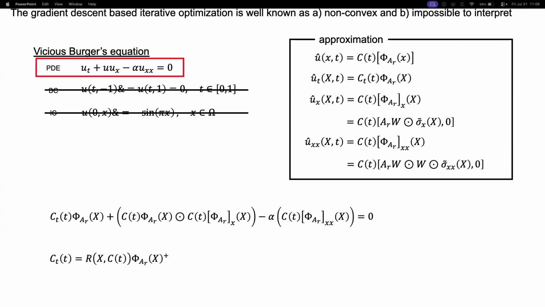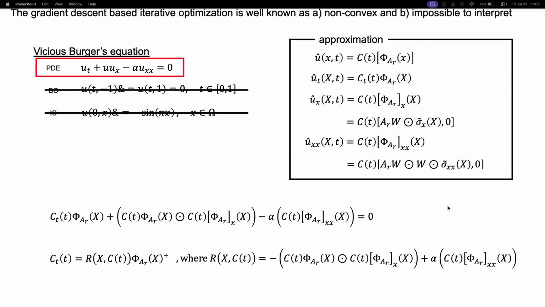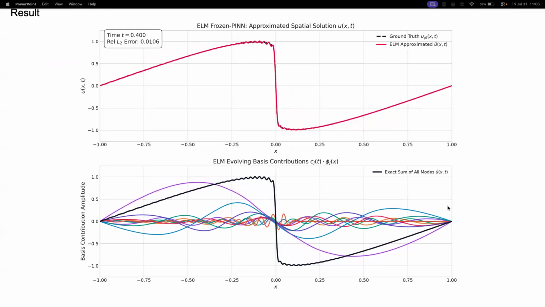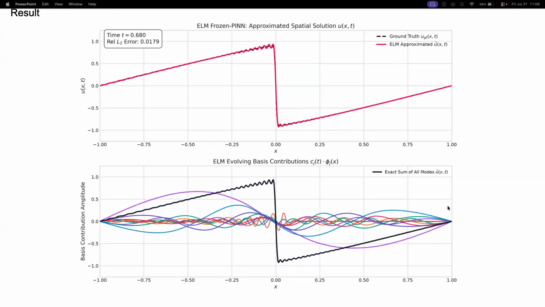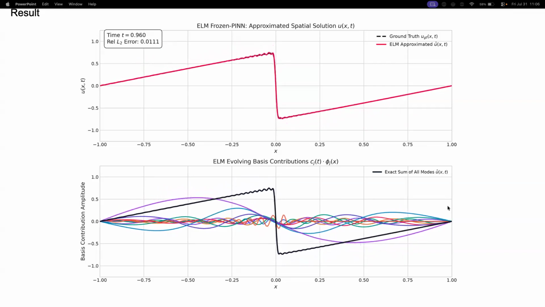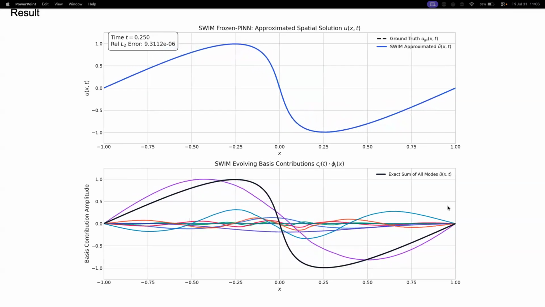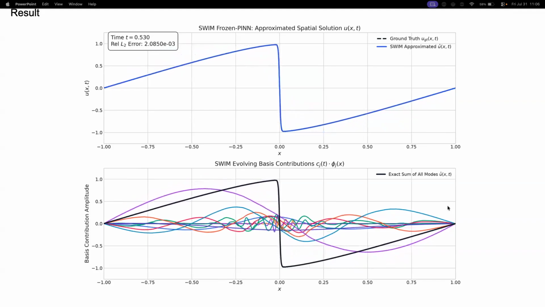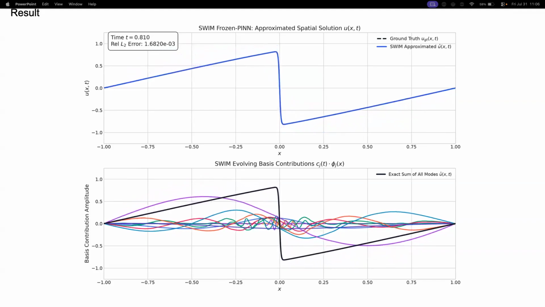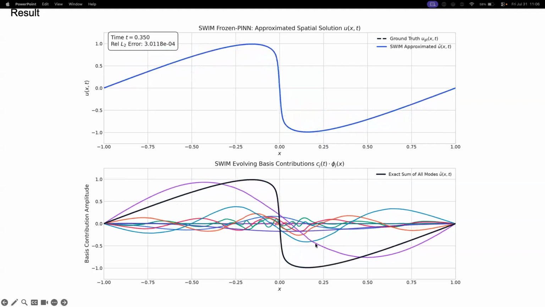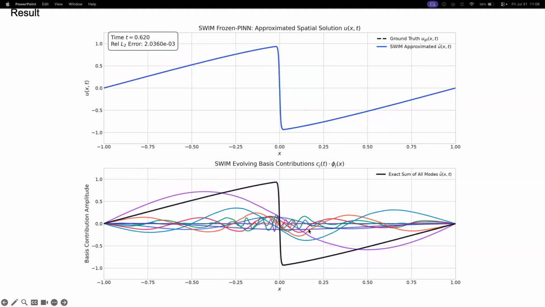And as always, we can use the pseudo inverse to calculate C_t, which, as I've shown before, the time evolution of the function will look like this. On the ELM also, it shows the Gibbs phenomenon as well, but in the swing method, this does not show, because there are sufficiently many basis functions that have steep gradients at the center of the steepness.